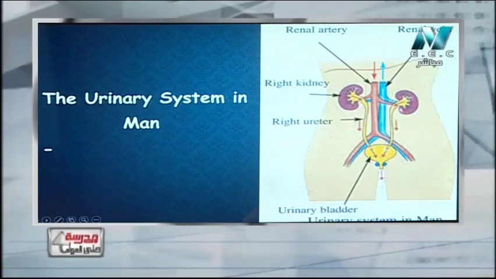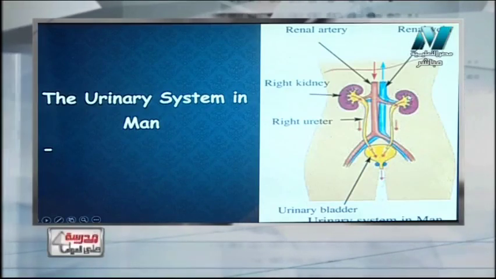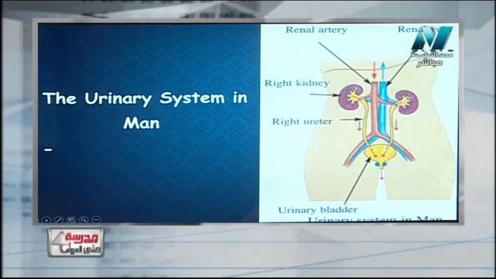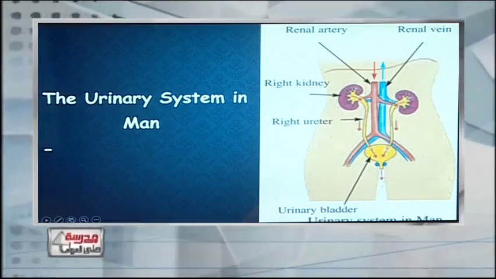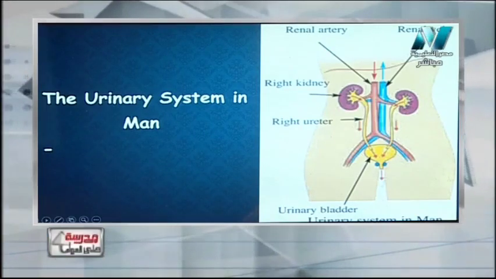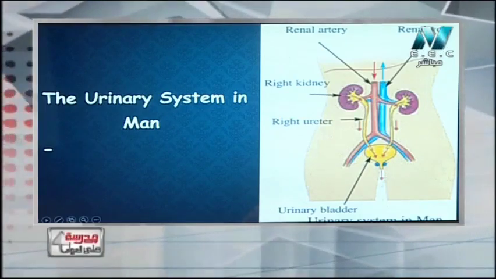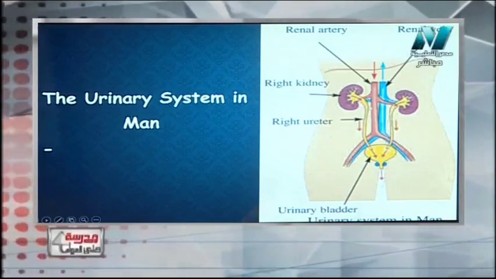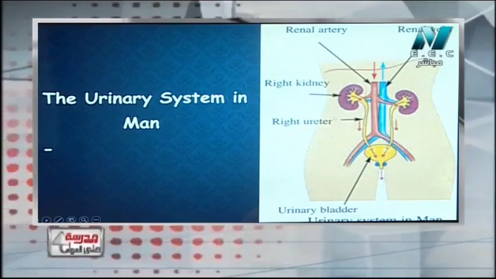And after the urine is collected by the collecting ducts from different nephrons, the urine is poured in this region, which is called the pelvis. And the pelvis is a wide area in which the extracted urine is poured and collected and moves into this tube and this tube, and these tubes are called ureters.